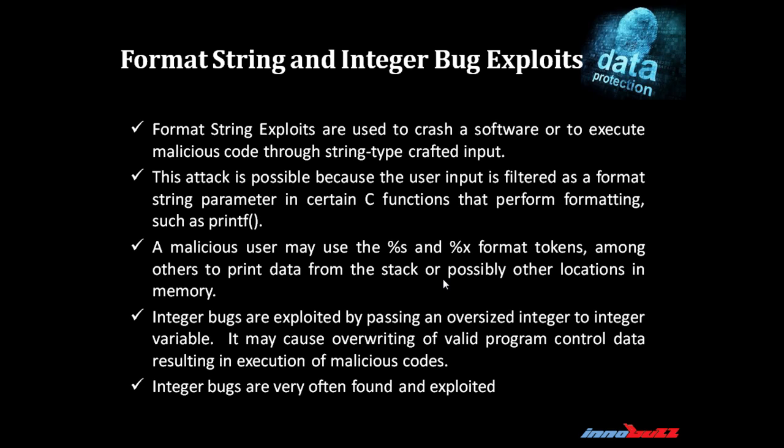A malicious user may use the %s and %x format tokens, among others, to print data from the stack or possibly other locations in memory. Integer bugs are exploited by passing an oversized integer to an integer variable. It may cause overwriting of valid program control data, resulting in execution of malicious code. Integer bugs are very often found and exploited in applications to achieve various purposes.